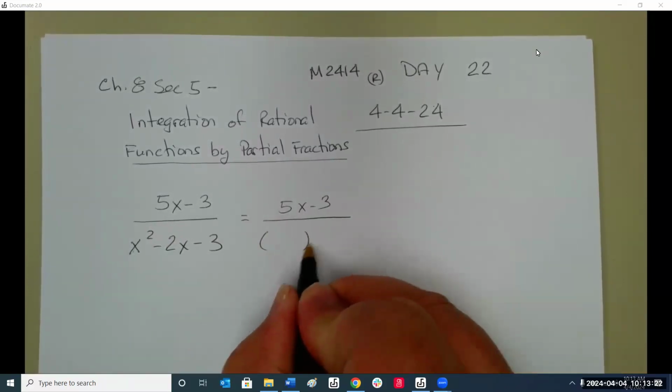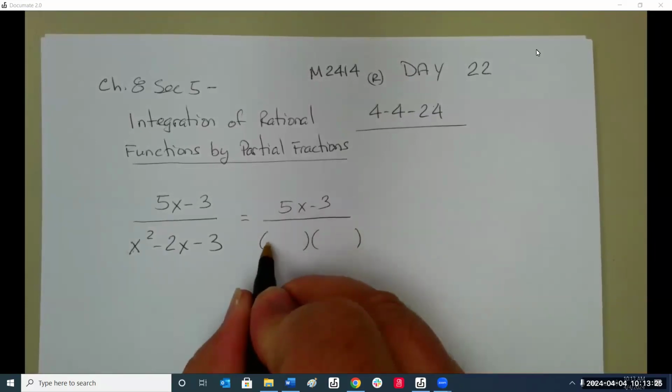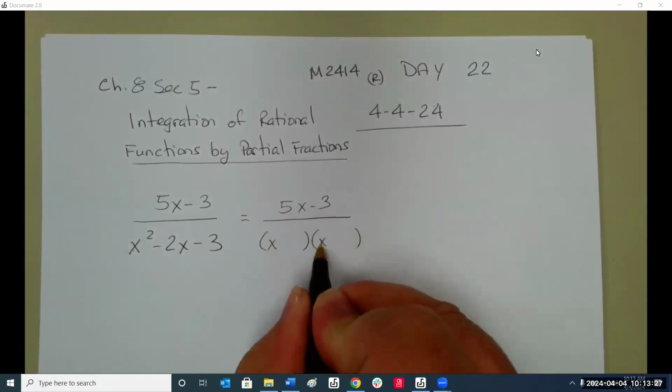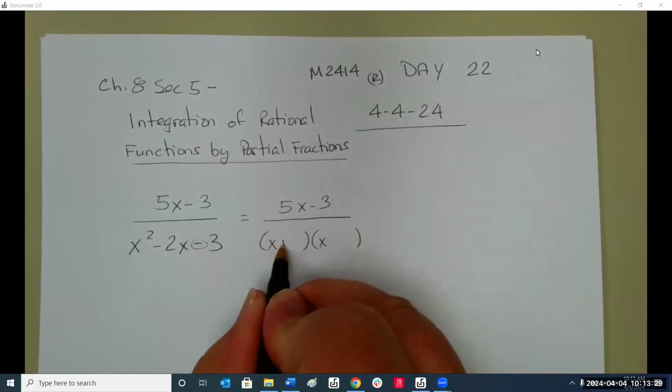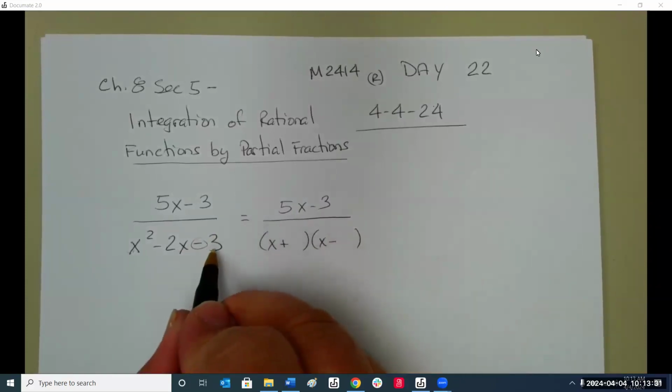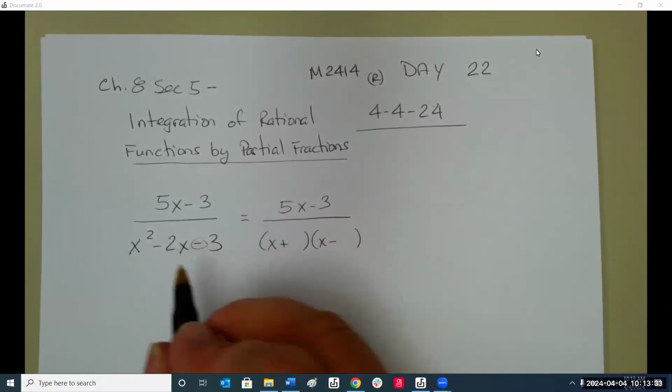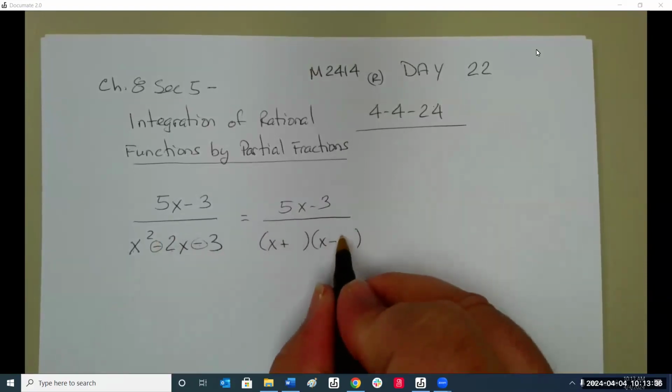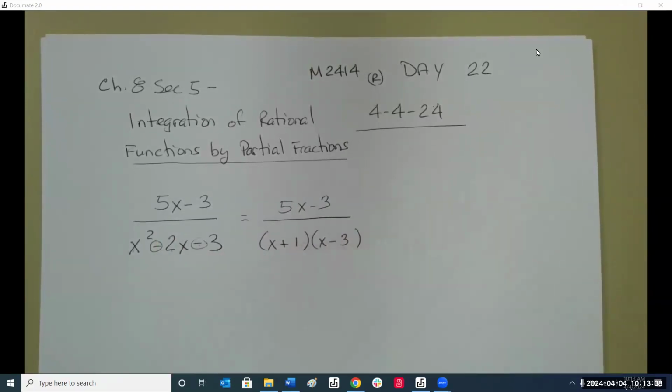First thing you do is try to factor the bottom if possible. So we have x and x, opposite signs. What times what is 3? When you subtract them, you get 2, and a bigger number, so it's minus 3 and positive 1.